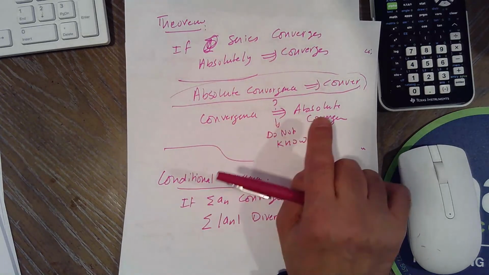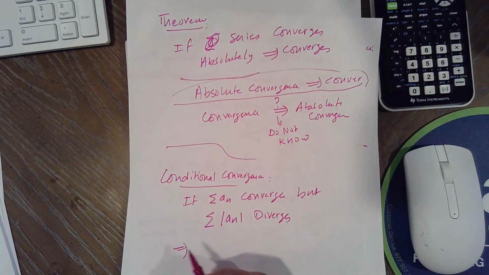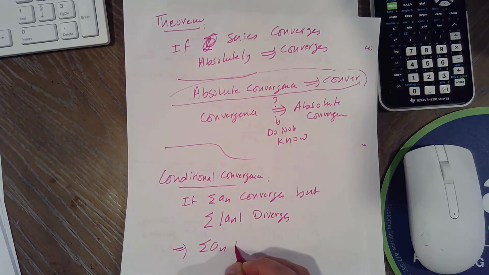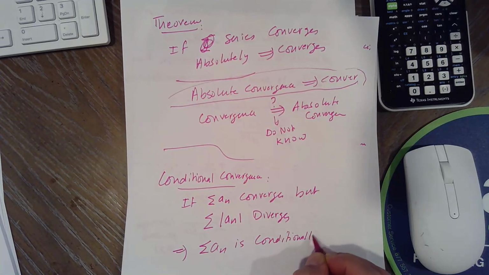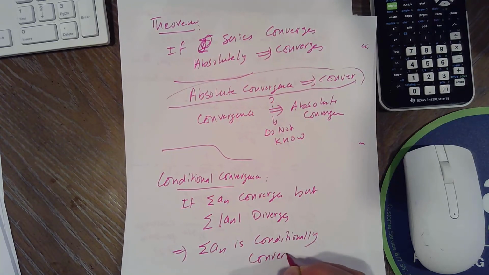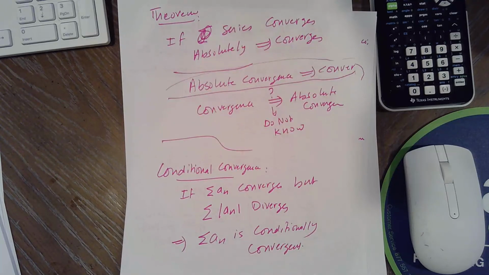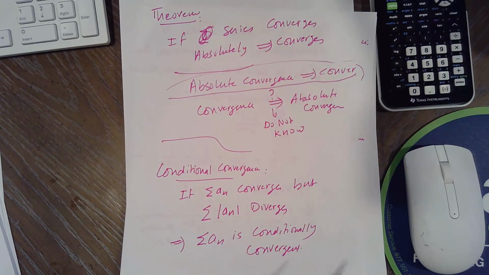If it converges but it's not absolutely convergent, then we say it's conditionally convergent. Then sigma an is conditionally convergent. So if the original series converges but it doesn't converge absolutely, then it's called converges conditionally or conditionally converges.